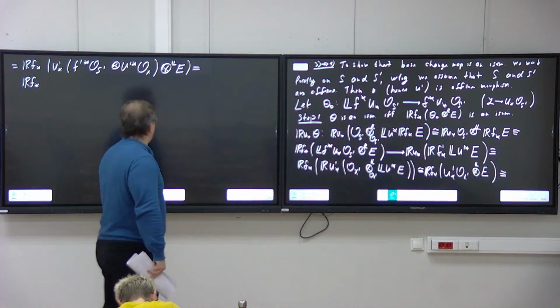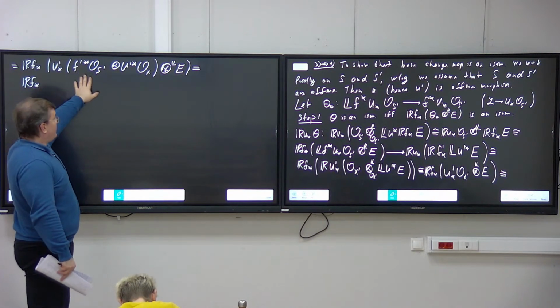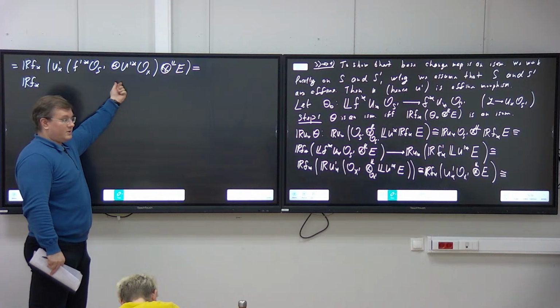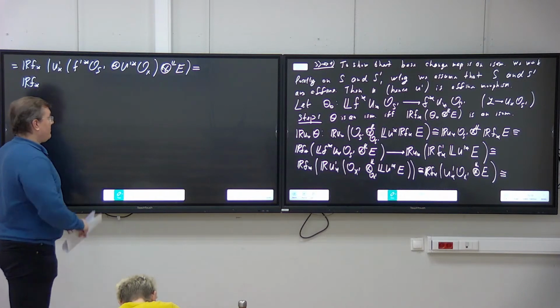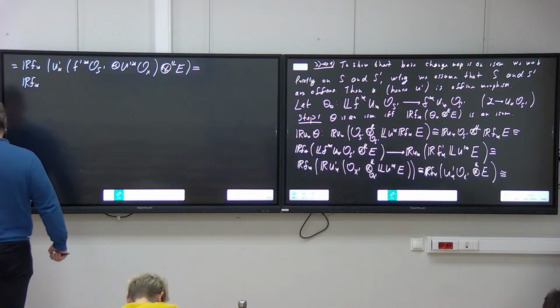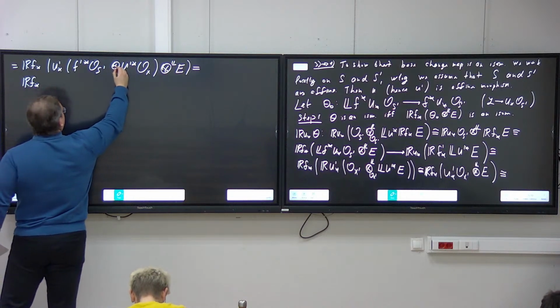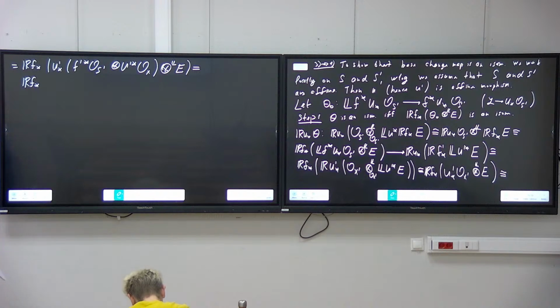This is a structure sheaf O X prime, and this is a structure sheaf O X prime, so the product is again O X prime. If you want, I can write the derived tensor product, but it will be underived because the objects are just flat.